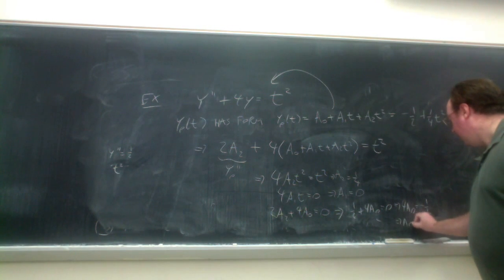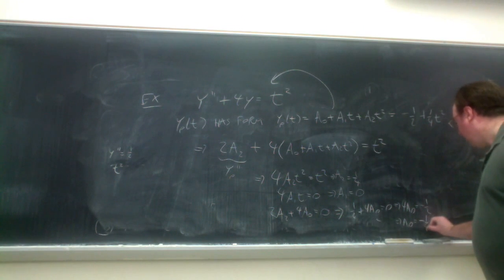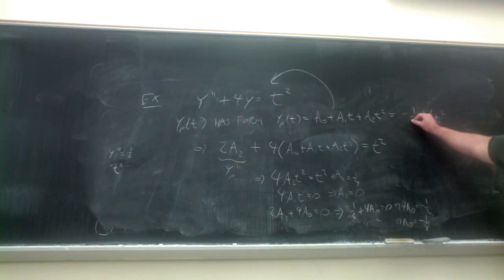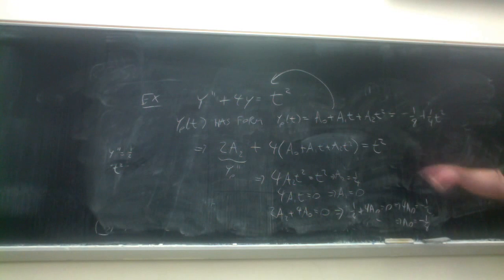So a0 is equal to minus 1/8. So the particular solution is minus 1/8 plus 1/4 t squared. I substituted a2 into a0 in the third equation by mistake, so that's why I messed up.